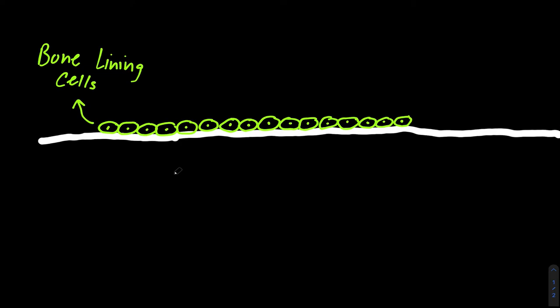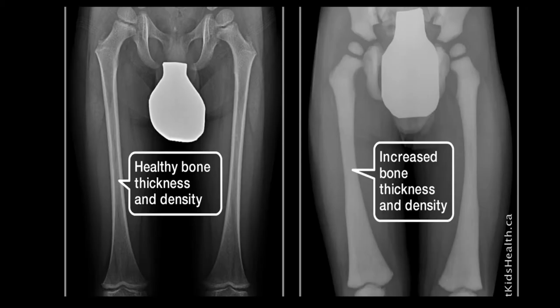Now, if you will, bone remodeling, in a kind of funny way to put it, is the skeletal system's haircut. The reason we have bone remodeling is to prevent it from looking like this. Now, this is a condition called osteoporosis, and this is just an increased bone thickness and density.